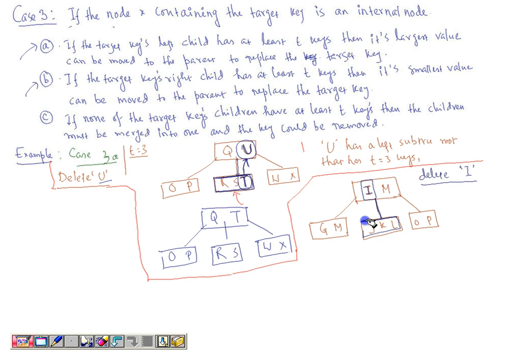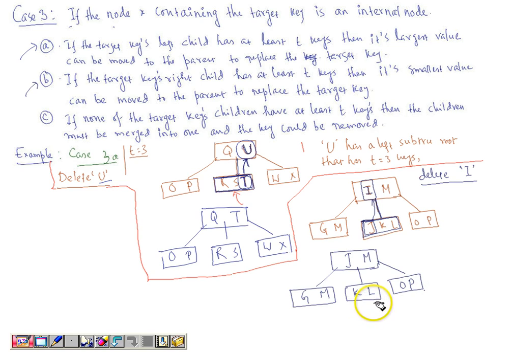So what we need to do is to move the minimum, the lowest key, that is J here, into the parent to replace I. After replacing, the tree should look like this. The root node should contain J and M, and so on. So we have deleted I successfully in this case.